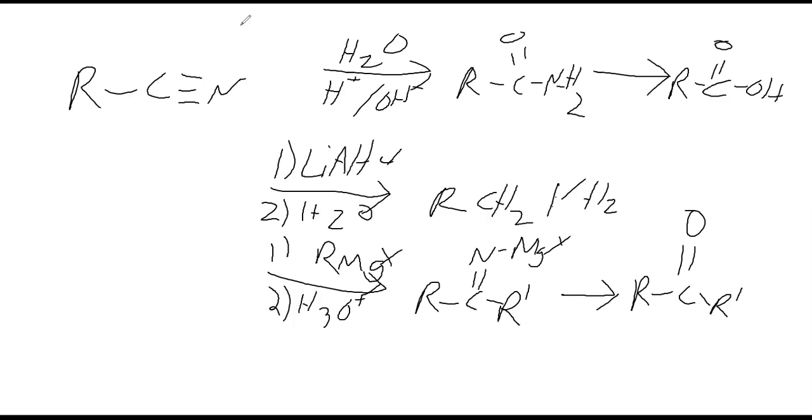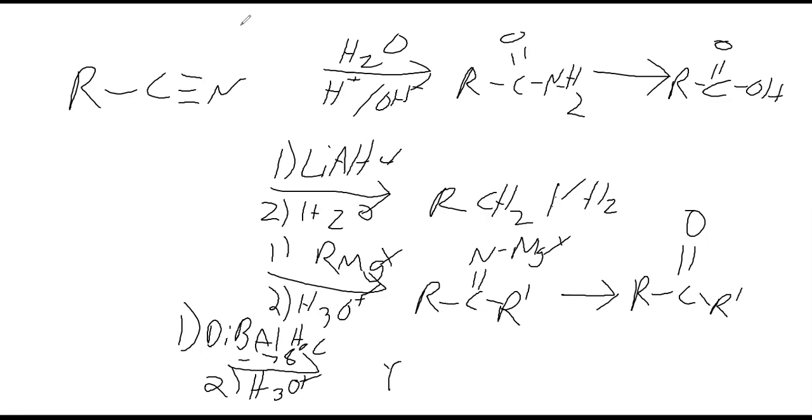And then finally, the last reaction is using one of our fancy weak reductants, diisobutyl aluminum hydride, at negative 78 degrees C, and then acid, to put it into an aldehyde.